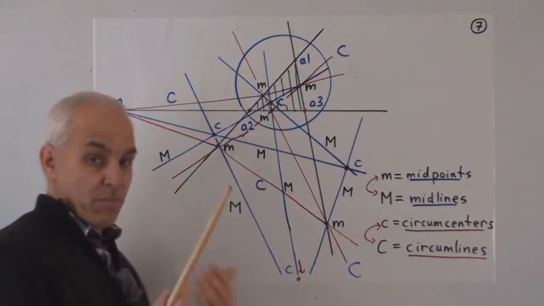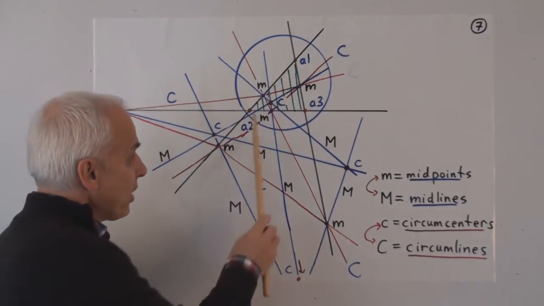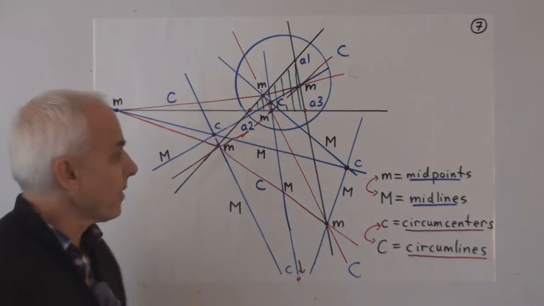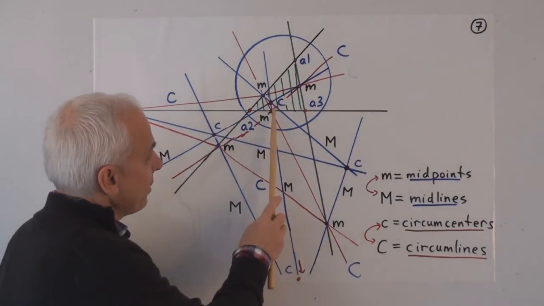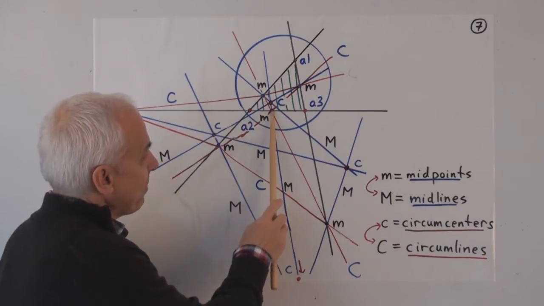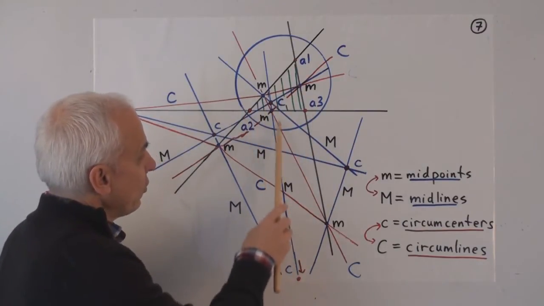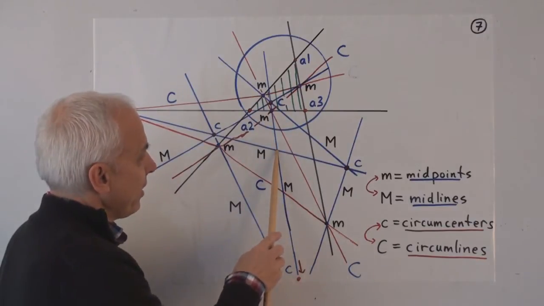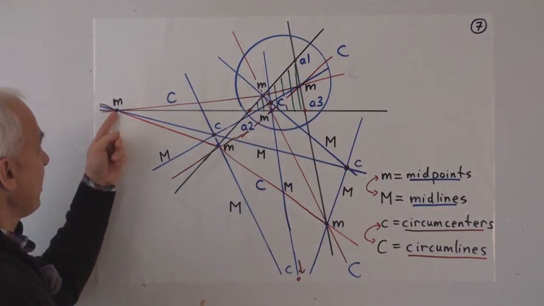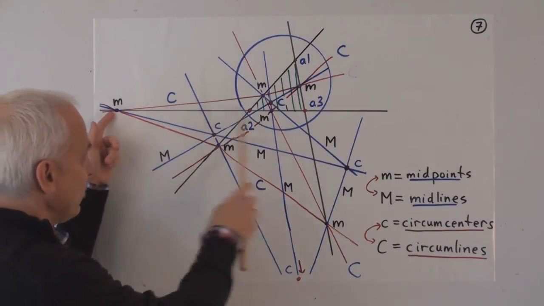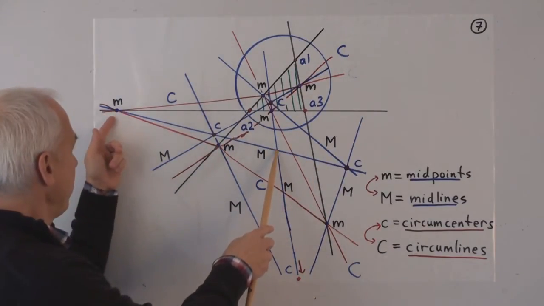So these are the same as the perpendicular bisectors. There's one going through every one of the 6 midpoints. So this one here, for example, going through that midpoint there, it's got to be perpendicular to this line. So it's got to go through the dual of this line, which will be right here. And the midline passing through this one will also be dual to this line. So we'll also go through the dual of this line, which is this point here.